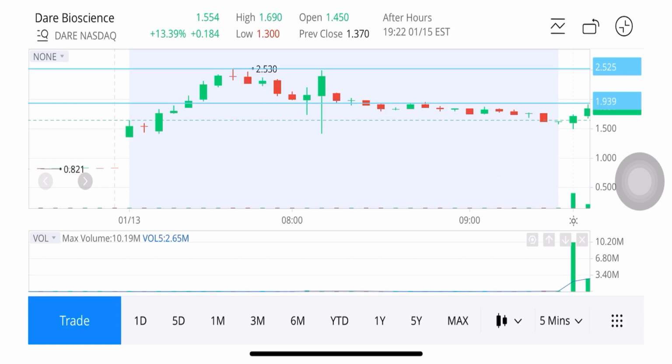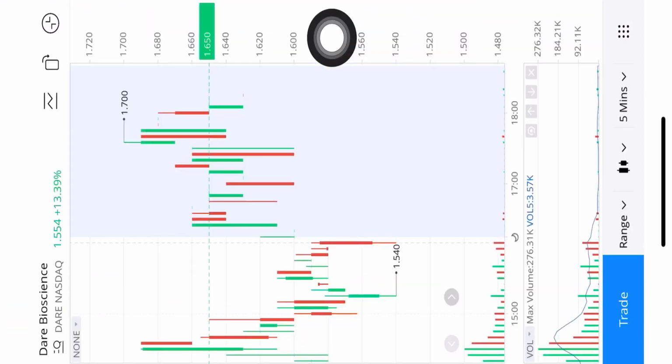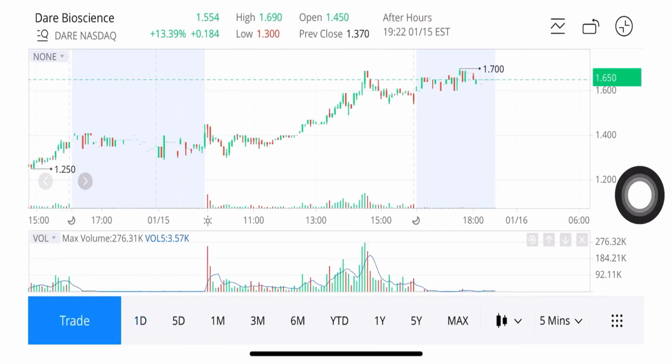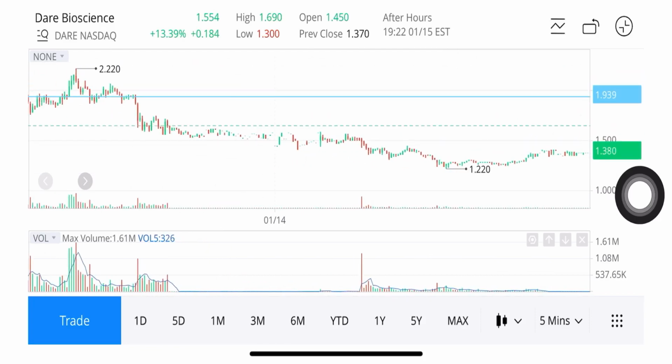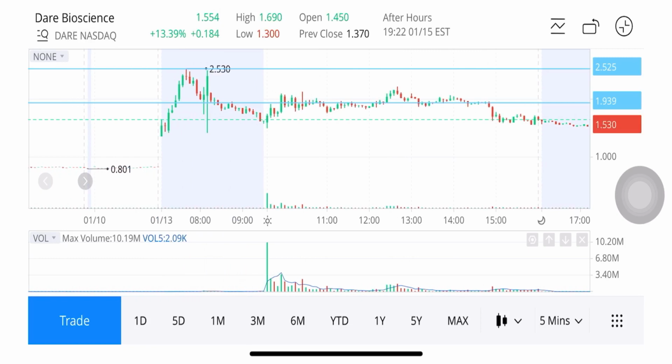Because if you enter at 170 and set your stop loss at 167, you can see that 192 is significant. So that's worth trading, in my opinion.